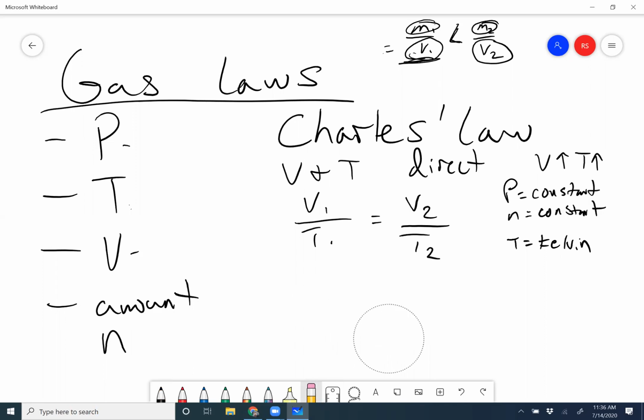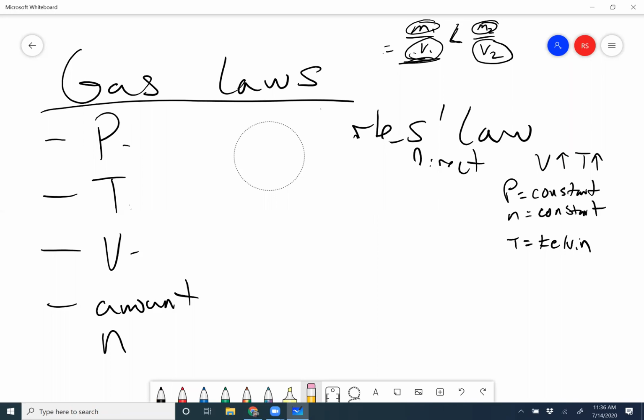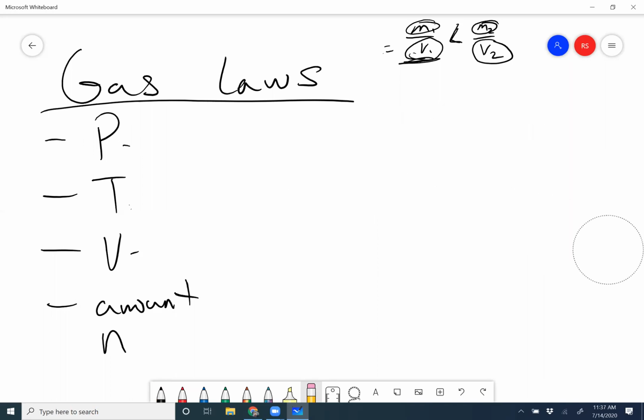So then the guy comes along and he's like, all right, we know the relationship between pressure and volume. We know the relationship between temperature and volume. Well, then what's the relationship between pressure and temperature? And this is Gay-Lussac, or Gay-Lussac, however you say it.